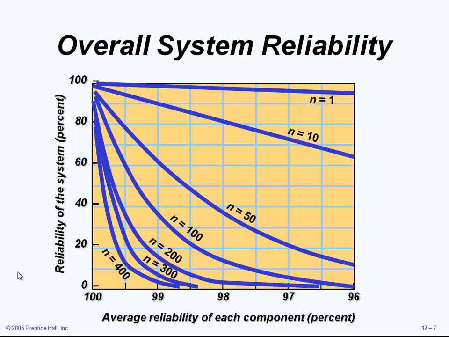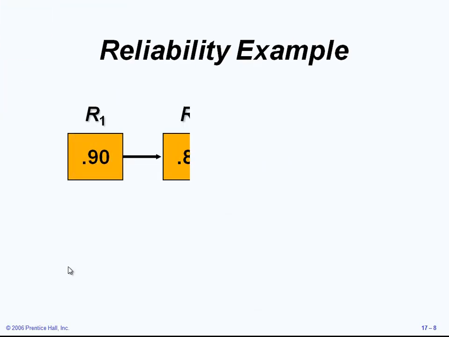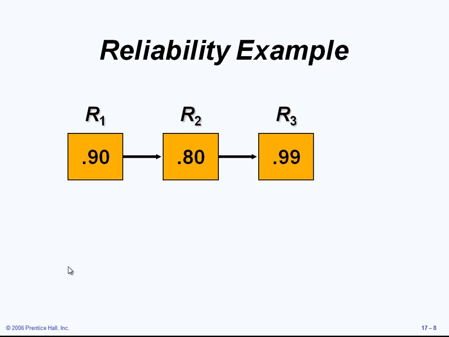How does that work? Let's look at the slide. If we look at this example, we have a process or a product that has 3 components with reliabilities of 0.90, 0.80, and 0.99.